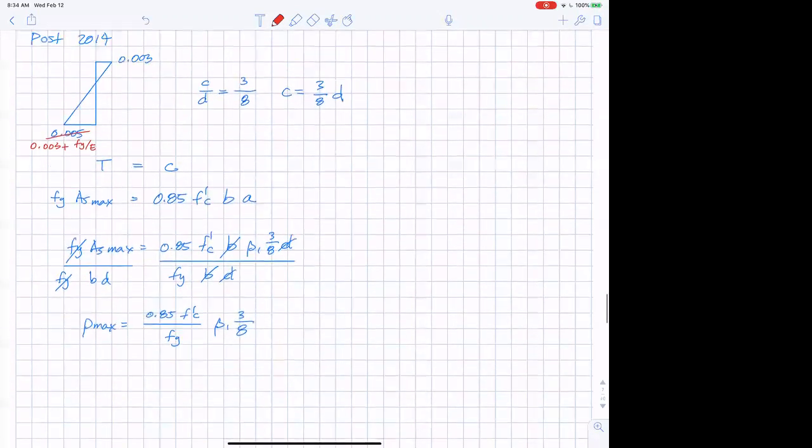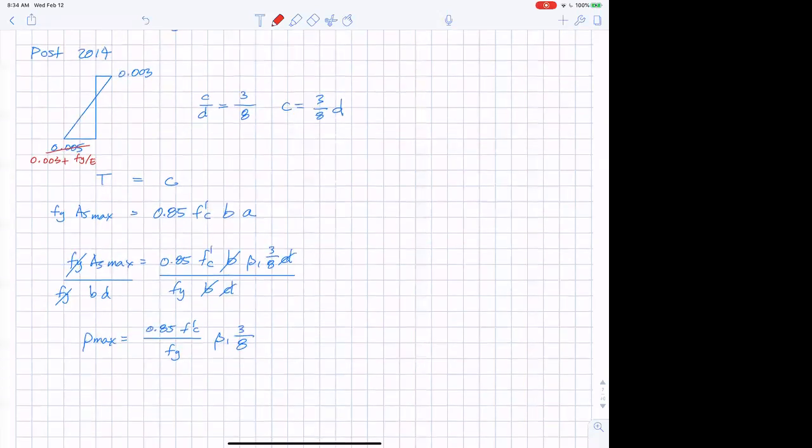Okay, so that means that instead of 8 it is 3 plus Fy over E times 1,000. I had multiplied the numerator and denominator by 1,000 because I didn't want to write 0.003 over 0.008. Okay, and so maybe that was not the best idea.